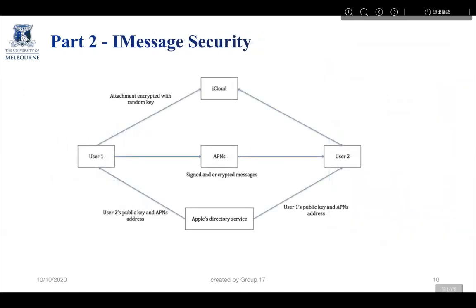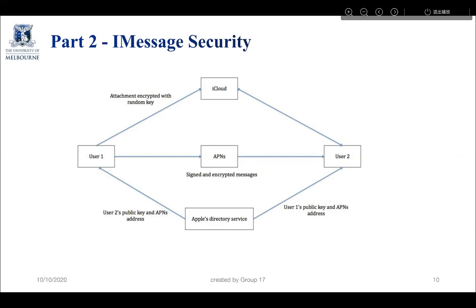The iMessage is a very popular message communication service provided by Apple. iMessage extensively uses Apple push notification services, which is responsible for sending information to iOS and OS X devices in a secure way.